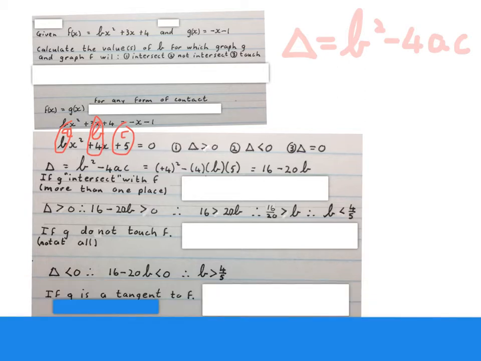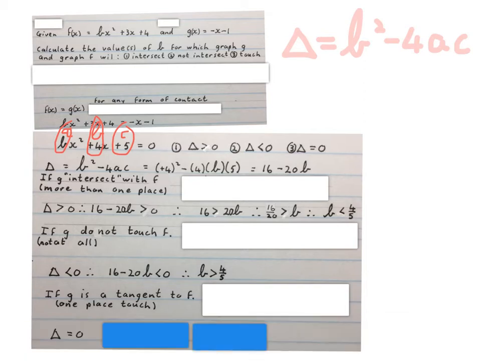The last way they could have asked it, they could have said, calculate the value or values of b for which the graph of g is a tangent to f. That implies they touch at one place. And we know that the two graphs, if they touch, then delta will be equal to 0. Your discriminant has to be equal to 0. So we write again, 16 minus 20b is equal to 0 and solve for b.